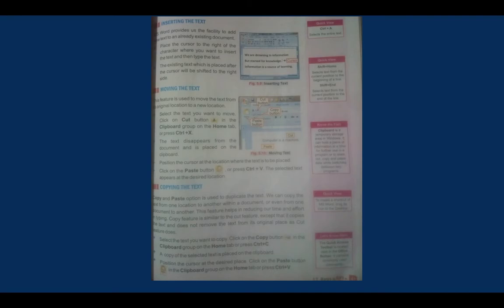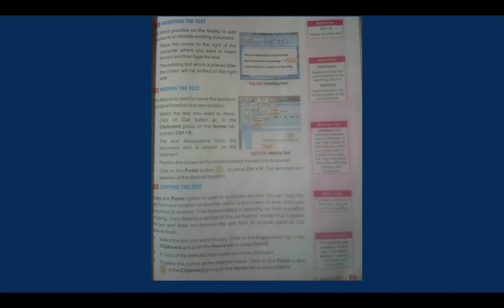Now see, there is a blinking line in your book. I am talking about figure 5.9, inserting text. In that you can see that wherever you want to add any word, what you have to do is just click the cursor there and start typing. Fine. Now after knowledge you want to write is useful, right?